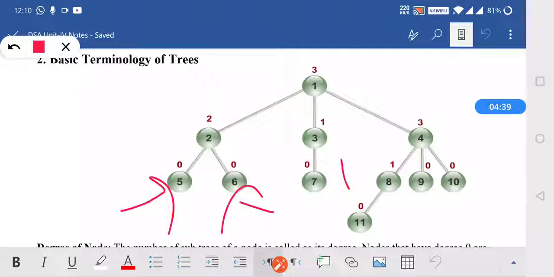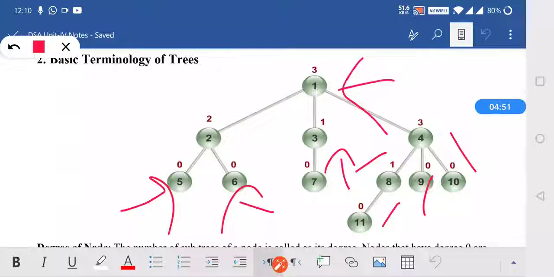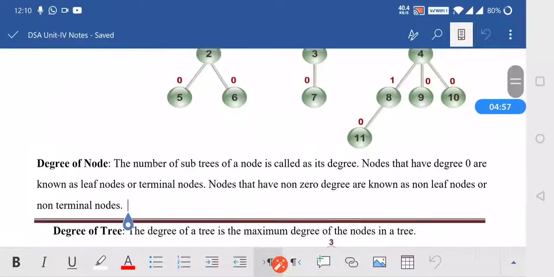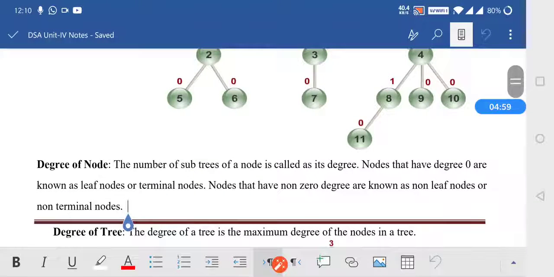In 3, one subtree is connected, so its degree is 1. For 4, degree is 3 because 3 subtrees are connected. In 8, one subtree is connected, so 1. And the root node has degree 3 because 1, 2 and 3 subtrees are connected to it. So degree is nothing but the number of subtrees.